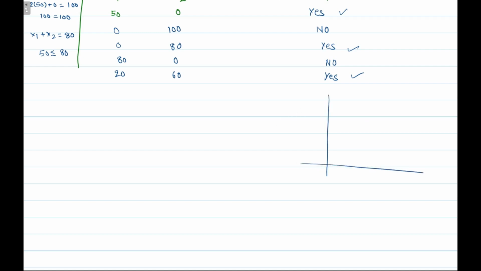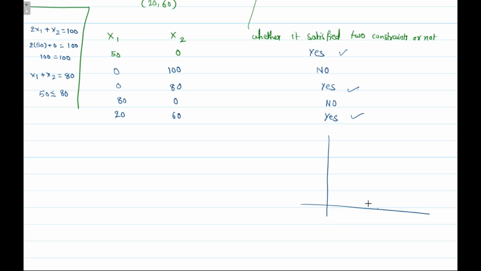Simply I can draw 50 comma 0, that is 50 on the x-axis. And the second one is 0 comma 80, so this will come over here. And the third satisfied condition is 20 comma 60 in the middle. So 20 you can take here and 60 you can take here. This region will contain all the feasible solutions.